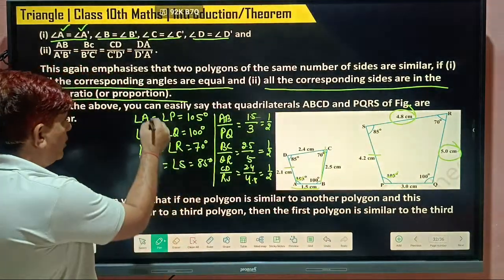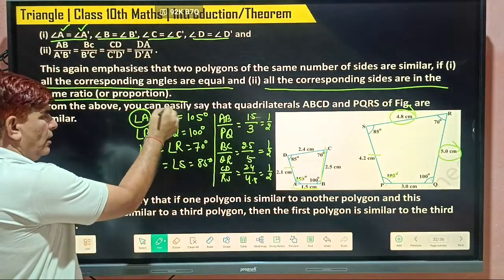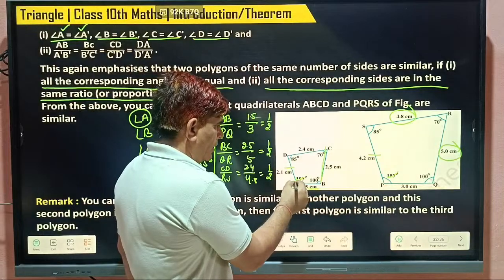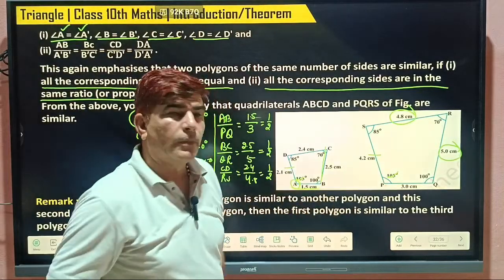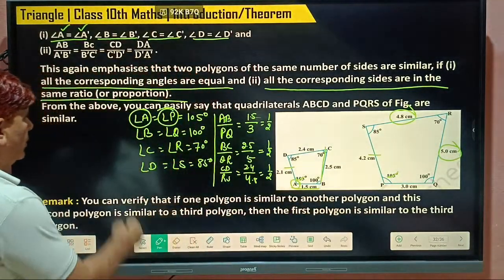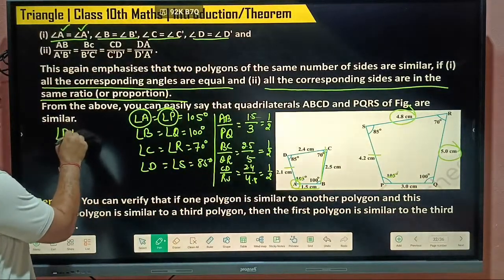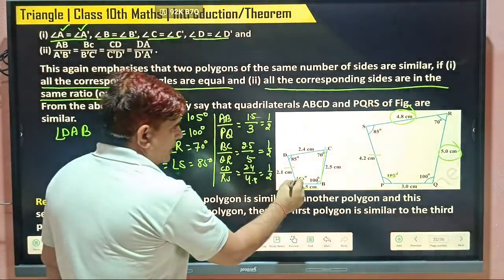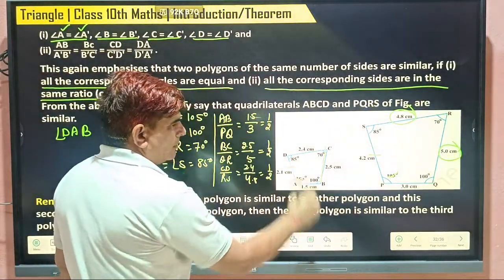But actually this is not the proper way of writing an angle. If I write angle A, one angle is this, another is this. So which is the best way of writing? You can write angle DAB, then we can say we are talking about this angle.